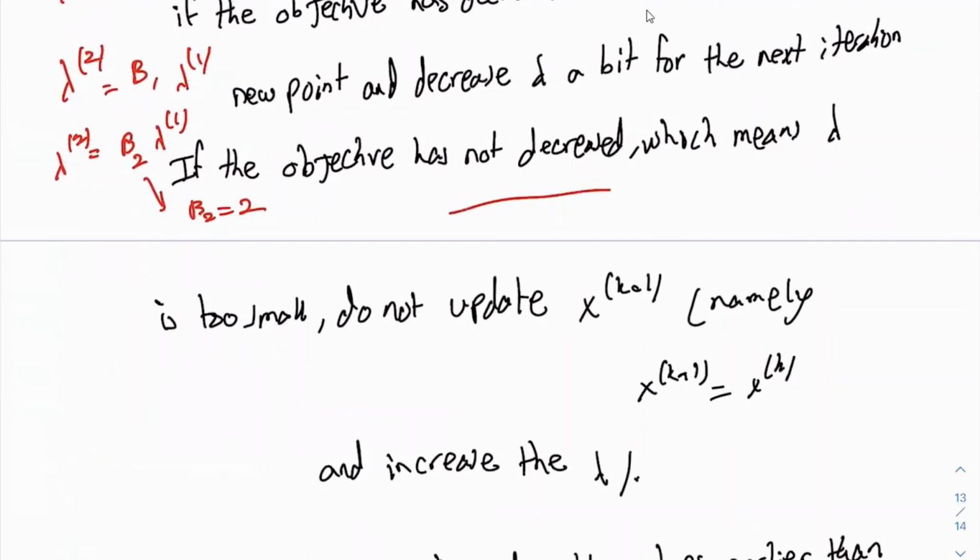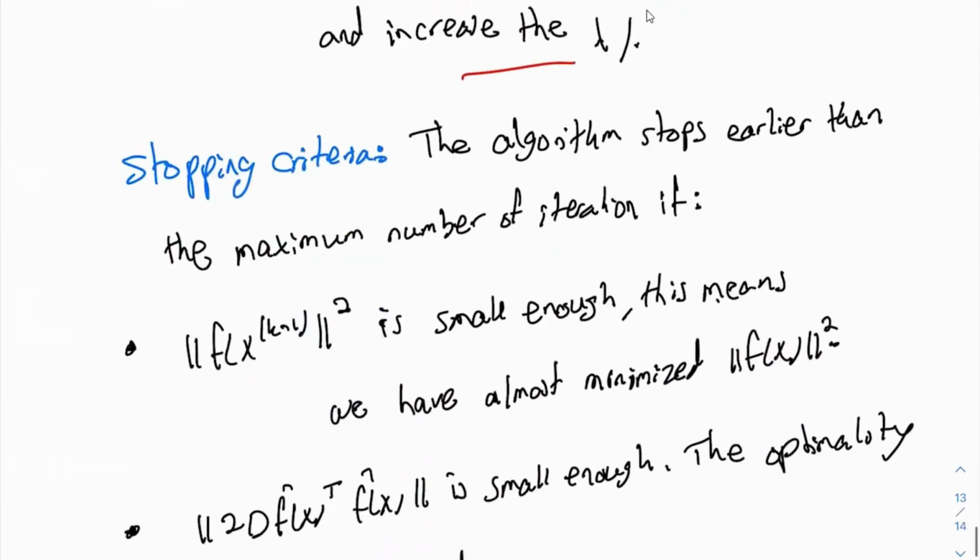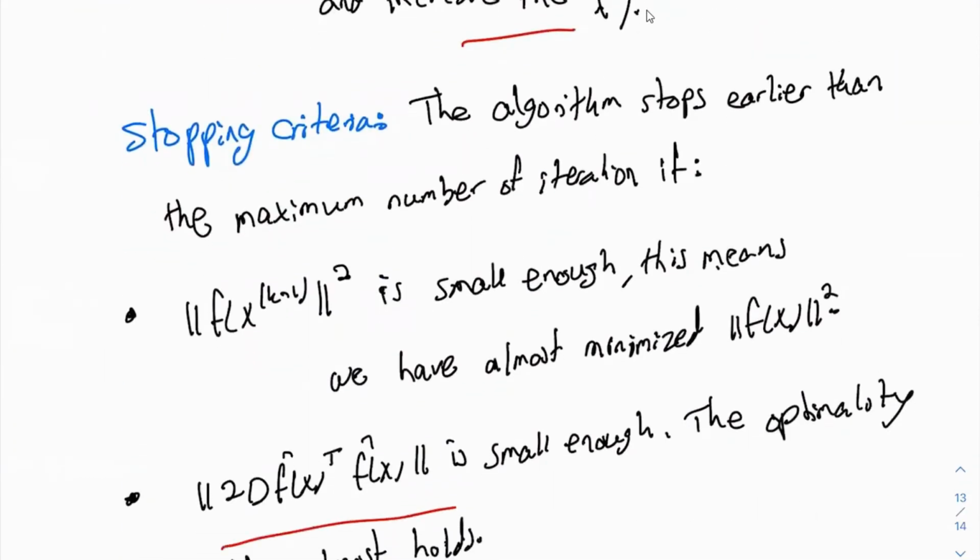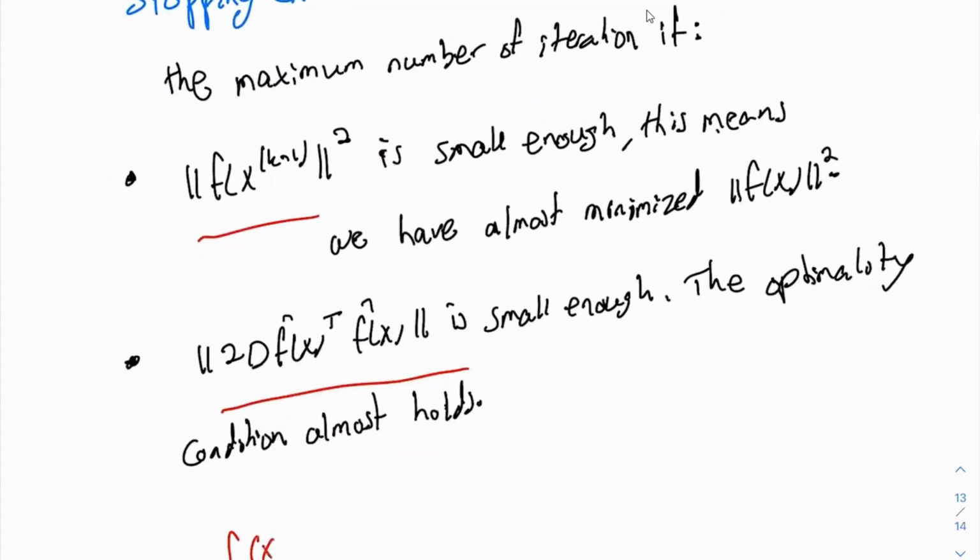If the objective has not decreased, usually lambda is too small, so do not update xk plus 1. We keep the previous value of xk, and we increase lambda, okay? So what's the stopping criterion? One of them is the optimality condition, which we want to be small. The other one is that, because we are trying to solve f of x equal to 0, the norm of f of xk plus 1 should be very small.